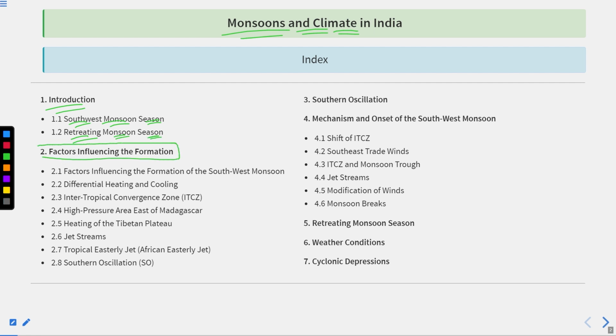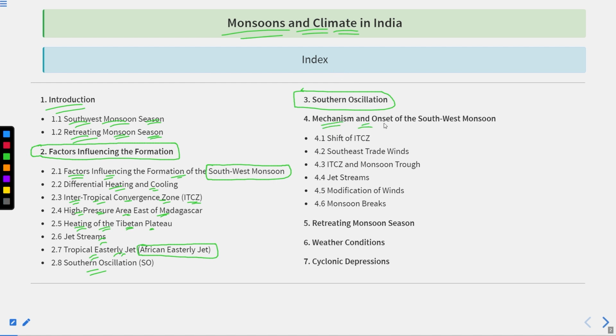Thereafter, the factors influencing the formation of southwest monsoon: differential heating and cooling, intertropical convergence zone (ITCZ), high pressure area in the east of Madagascar, heating of the Tibetan Plateau, jet streams, tropical easterly jet, that is also known as African easterly jets. Thereafter, the southern oscillation.